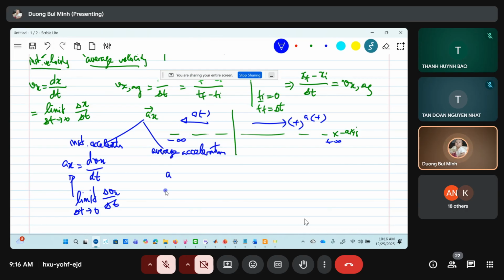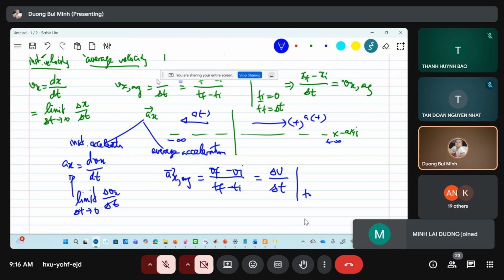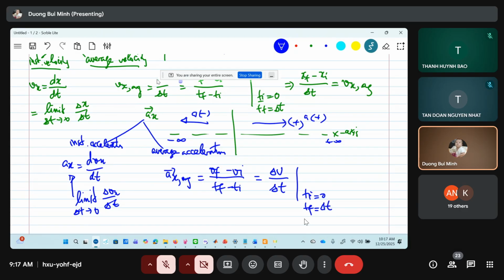Or you can calculate ax average, which is vf, the final velocity, minus the initial velocity, over tf minus ti, or delta v over delta t if ti is 0 and tf is delta t.